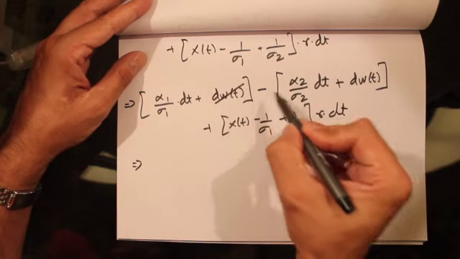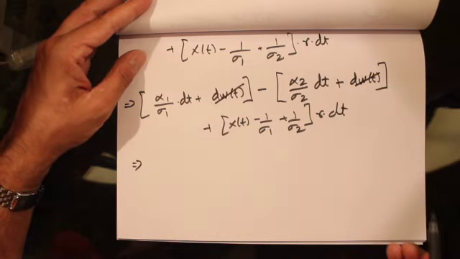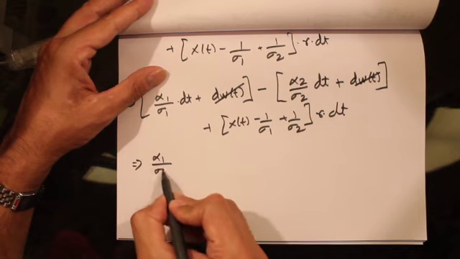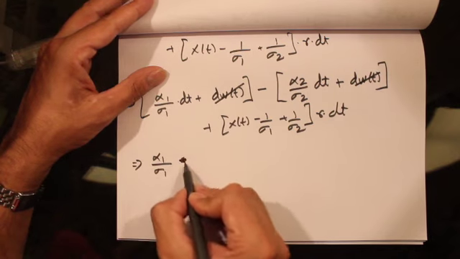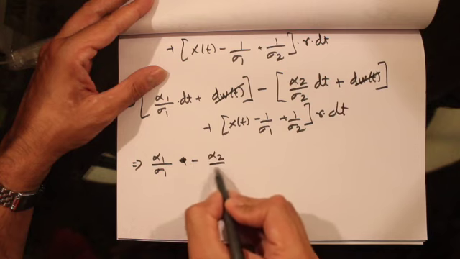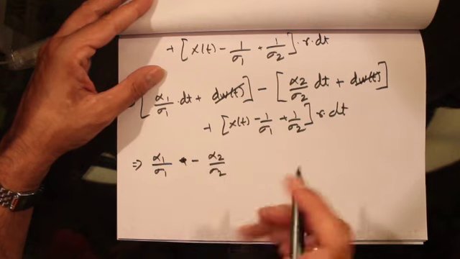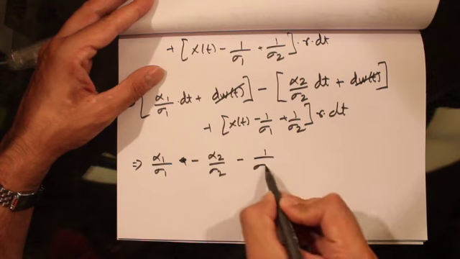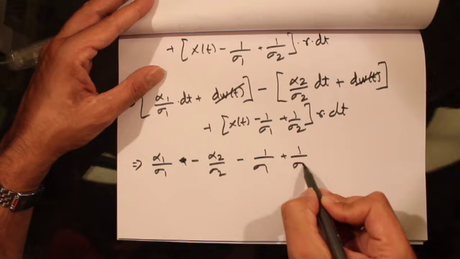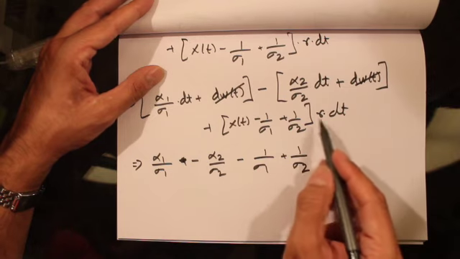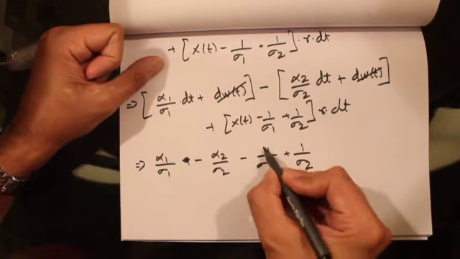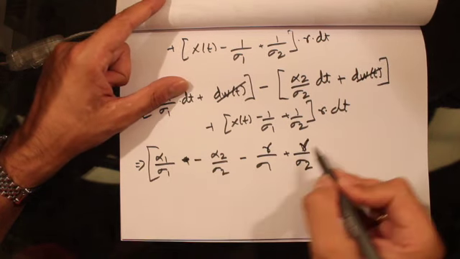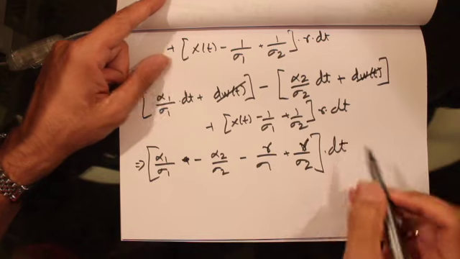Now we have a minus sign here, so this cancels out, so we have alpha 1 over sigma 1 minus alpha 2 over sigma 2. Now I'm combining all the dt terms. Minus we have 1 over sigma 1 plus 1 over sigma 2, sorry, r over sigma 1, r over sigma 2, dt.